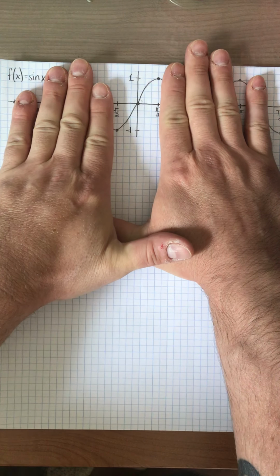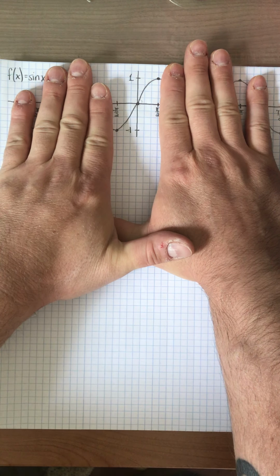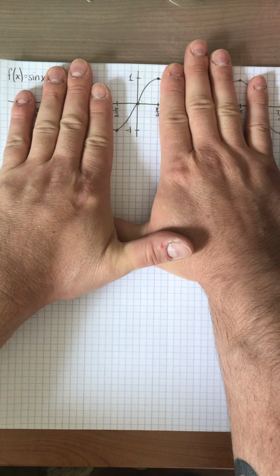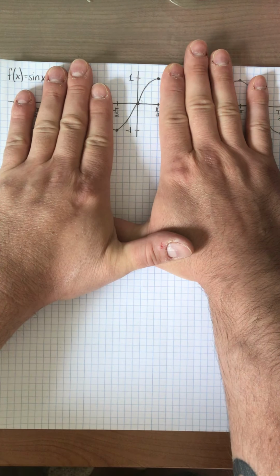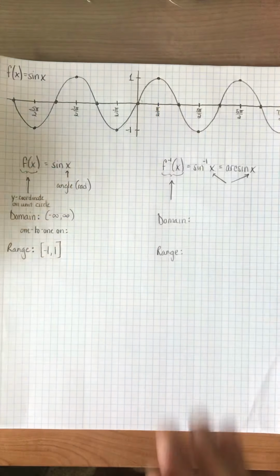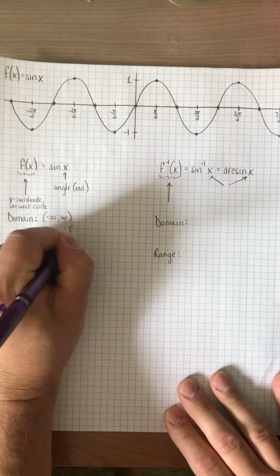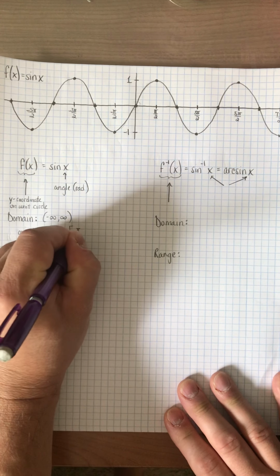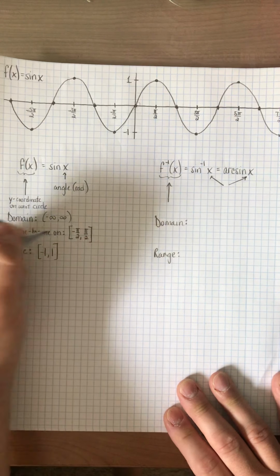So what we get is a restriction from -π/2 to +π/2. And we can include those points because we can hit the original maximum and minimum output values of 1 and -1. We just cannot go past them. So our restriction will be the closed interval from -π/2 to +π/2.